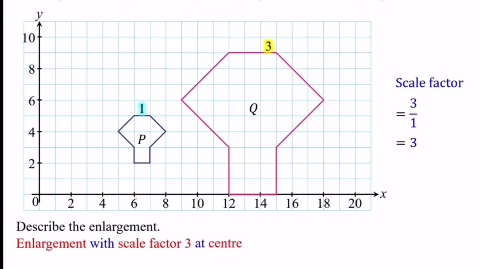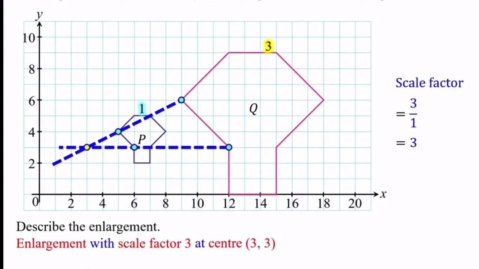How about the center of enlargement? We need to identify the center of enlargement by connecting a point on the object and its image, and we draw the line. Then for another object and image point, we draw another line, and the two lines will intersect at the center of enlargement, which is in yellow color.